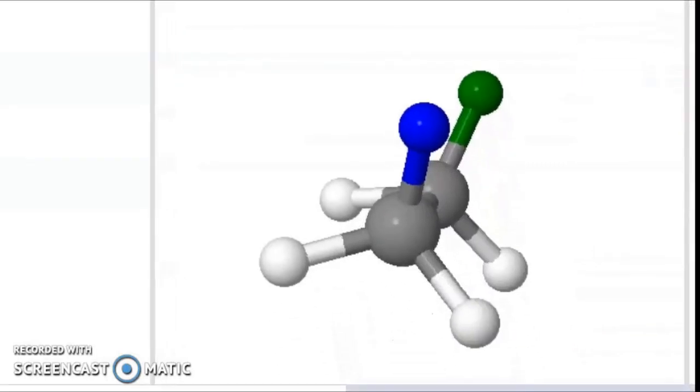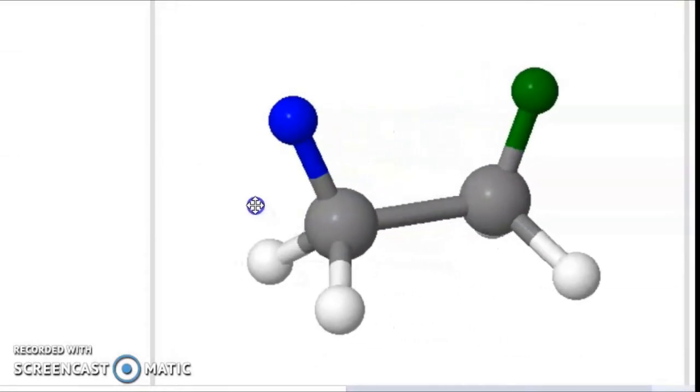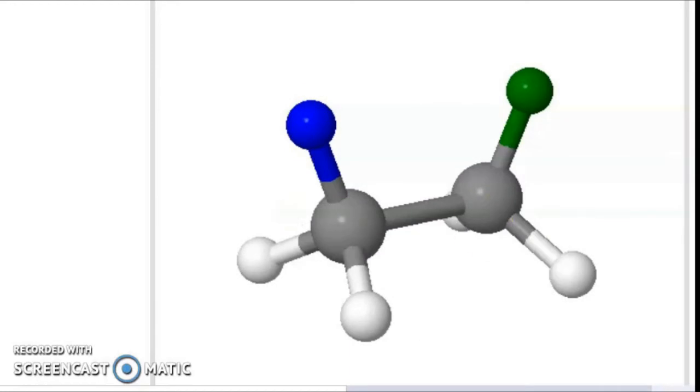Now, here we have this ethane molecule which has a C-C single bond. Here you can see the C-C single bond, okay?